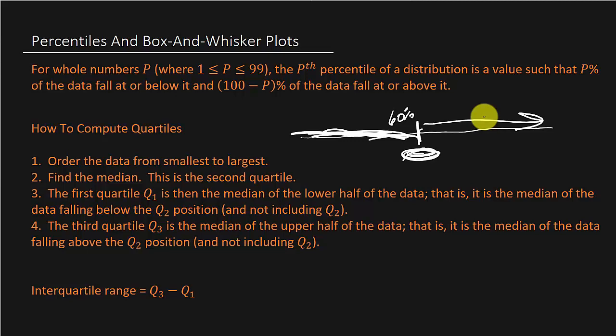But for all the different ways, the first thing you're going to need to do is order the data from smallest to largest. So that's something in common, and I might do a video later on percentiles and get more detail on it. But the main thing of this section here is the Box-And-Whisker plots.